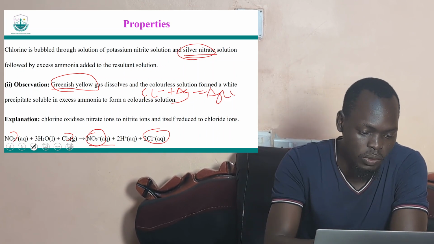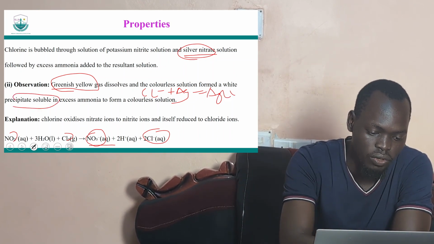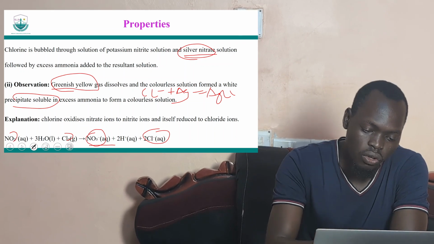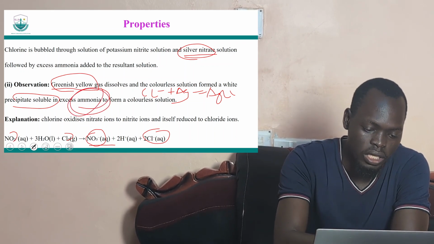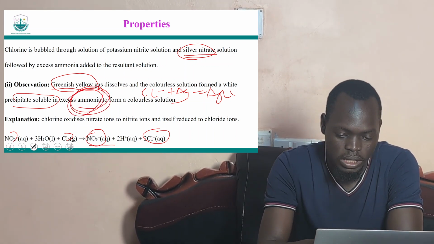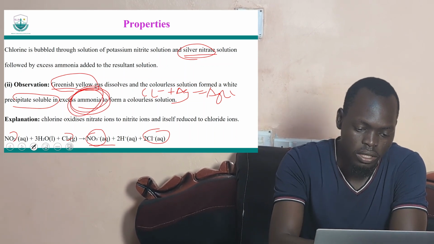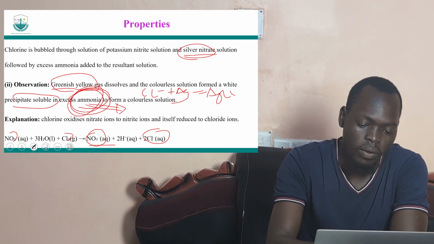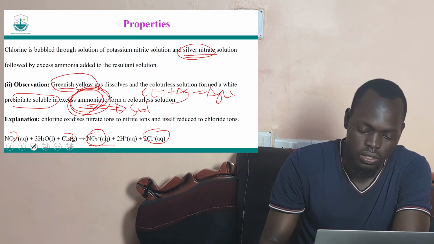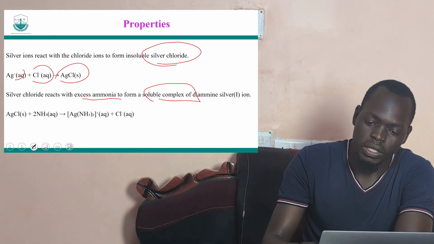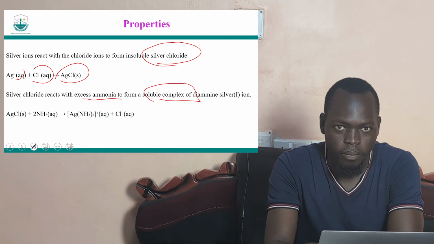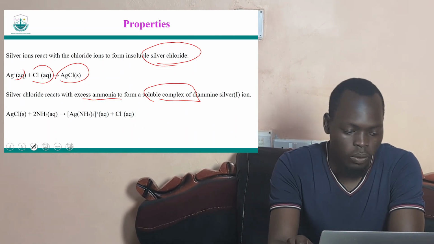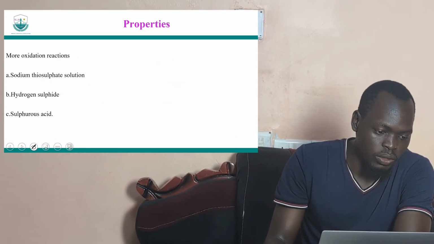This gives us the white precipitate that we have seen. But upon addition of ammonia solution, it will result in the formation of our complex, and this is very soluble. That's why we have at the end of it a colorless solution. So our complex here is the diamminesilver(I) ion. That's basically an explanation for that.